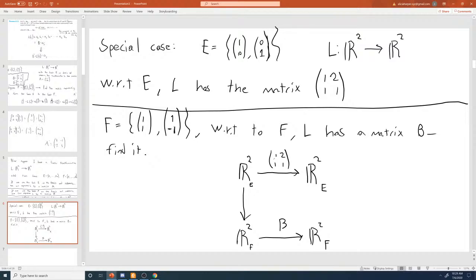So this is the base change map E to F. We'll call it S. And I also have another base change map.